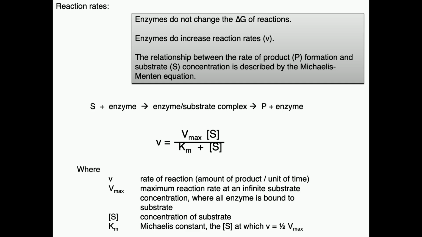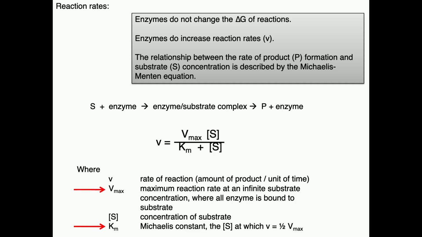And it's important to note that enzymes don't look at this equation and decide how they're going to act. Okay, this equation was derived by measuring how enzymes act. Is that clear? Okay. All right.